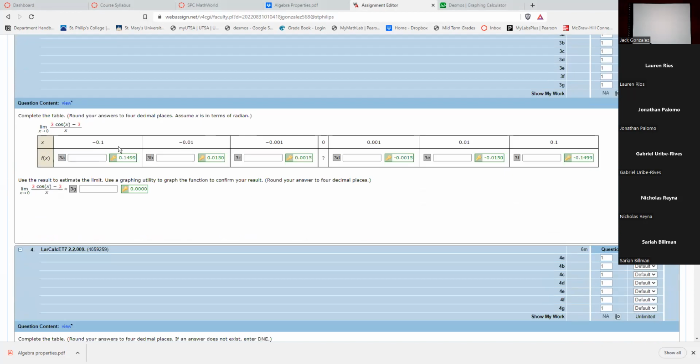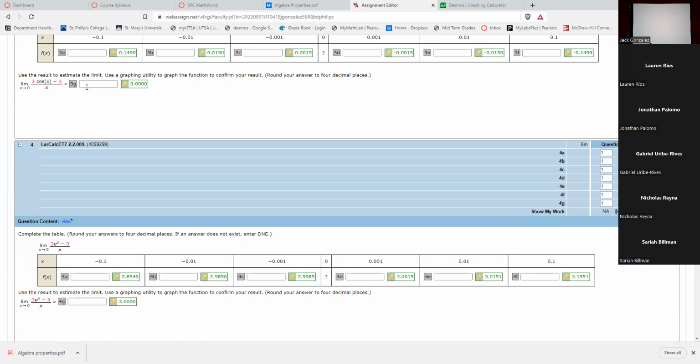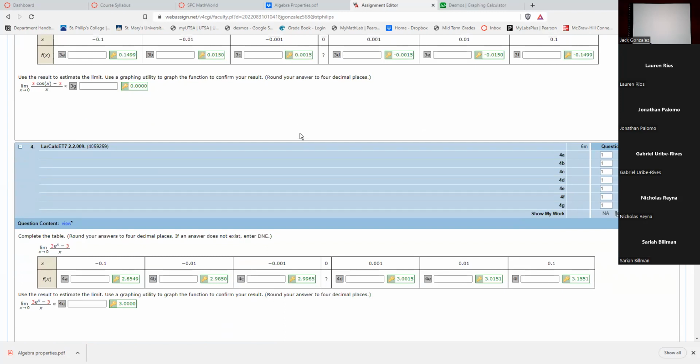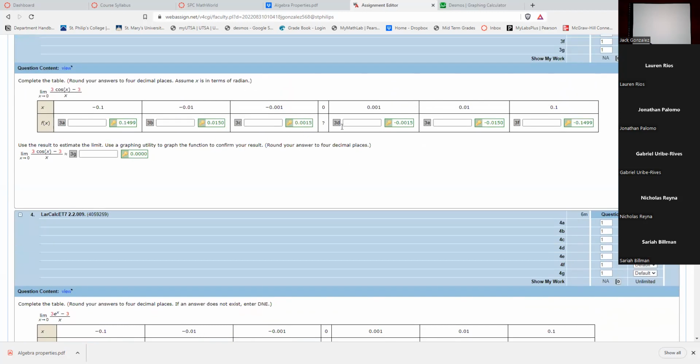So that's all you're going to do. You just plug in numbers and then see what it approaches. This one's a little different. Notice how as you plug them in, this one's negative and this one's positive. So that should be a hint.